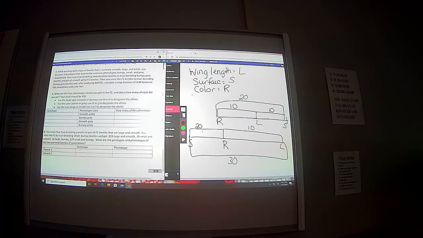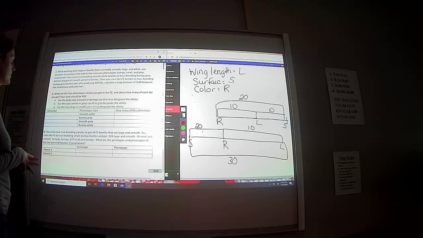What are the 4 phenotypic classes you got in F2? And about how many of each did you get? Your total should be 800. For body types, use capital B and lowercase b to designate the alleles. For color, white and gray, use G or lowercase g. And for size, use an L. So we didn't actually talk about size at all whenever we're talking about our F2s.